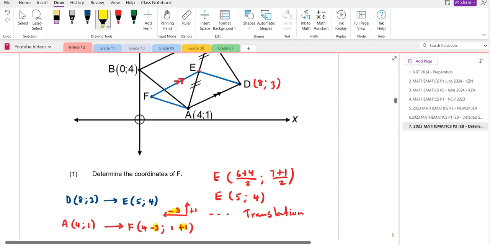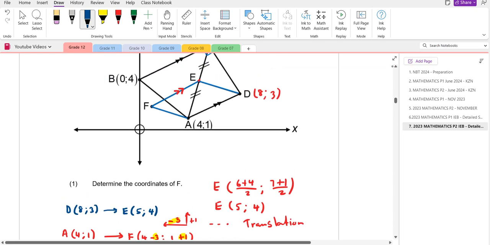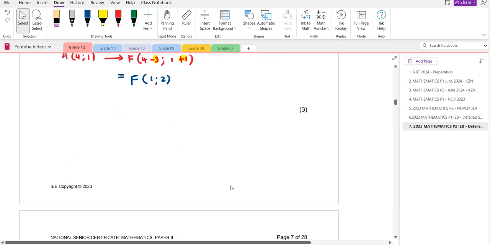There is another method where you find the common midpoint of EA, and because diagonals bisect each other in a parallelogram, and you have the endpoint which is 8 and 3, you can get the coordinates of F like that as well. So we have the coordinates of F, which is 1 and 2. I hope you guys understood that. Right, moving on to the next question.